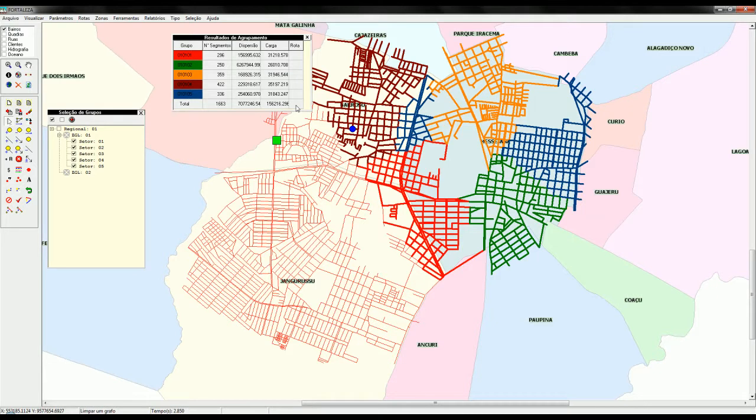We can still edit areas manually, taking street segments from one group to another.